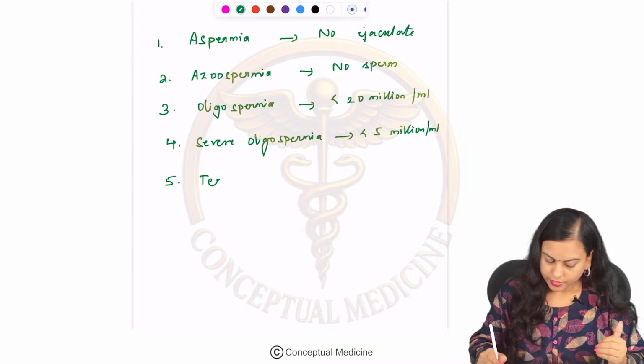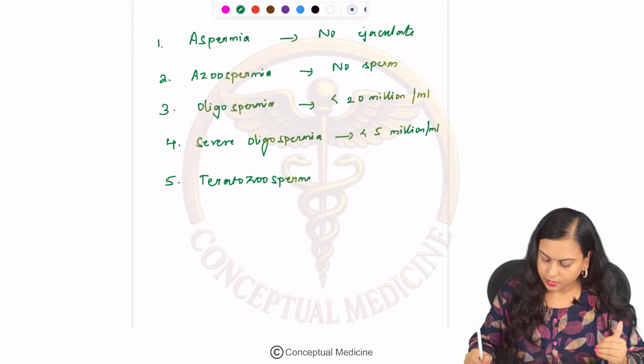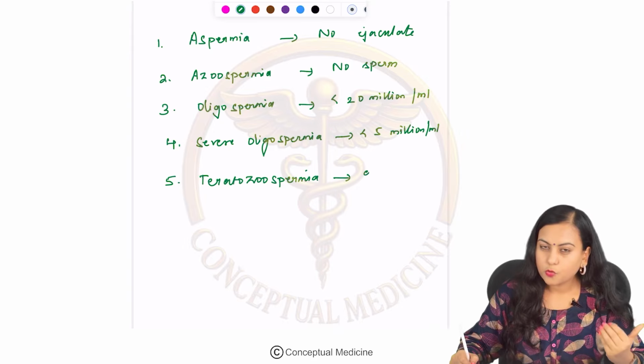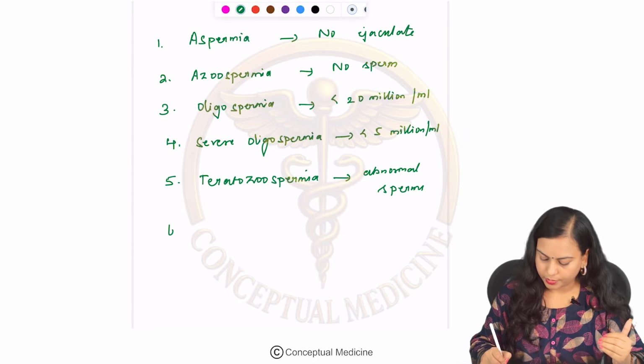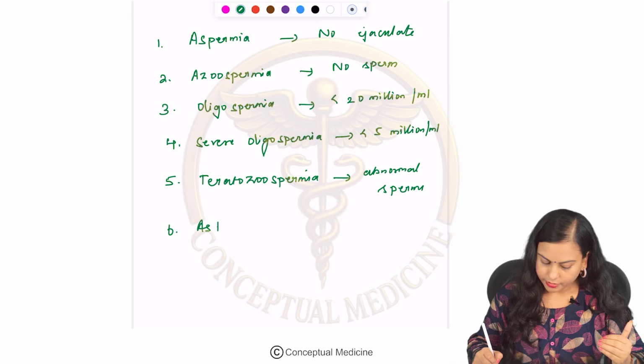We can have teratozoospermia, where you have so many abnormal sperms, that is, the morphology is not normal. Something called asthenospermia.